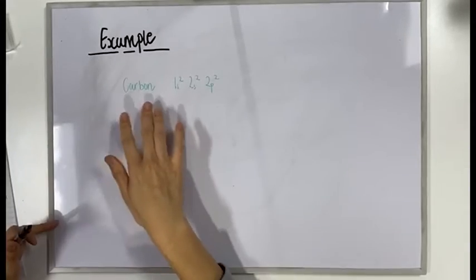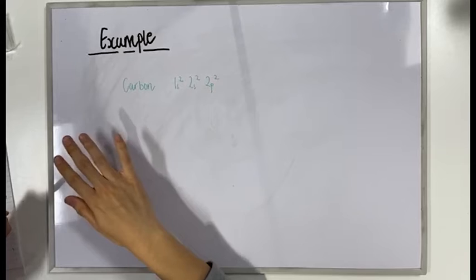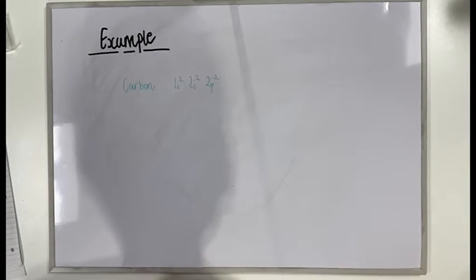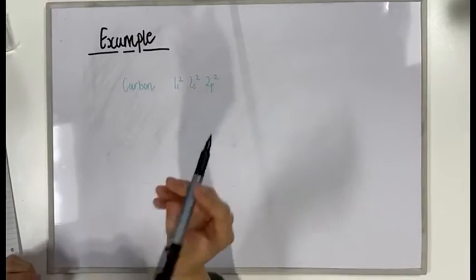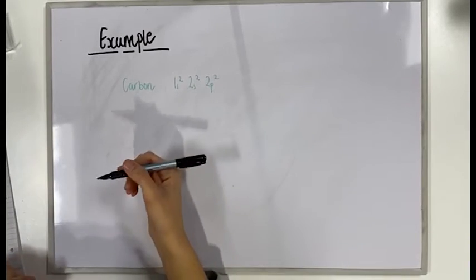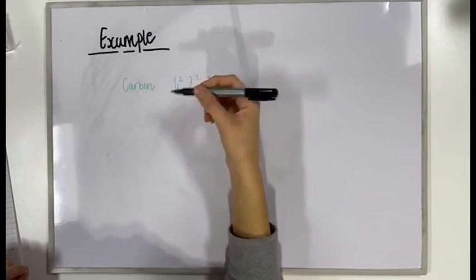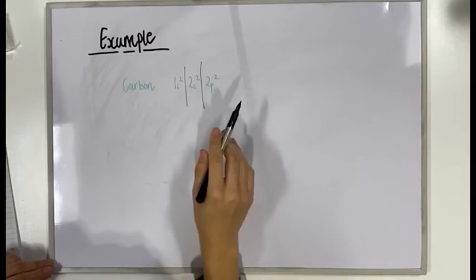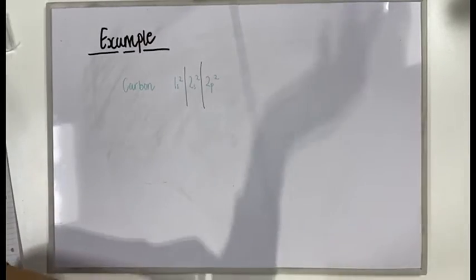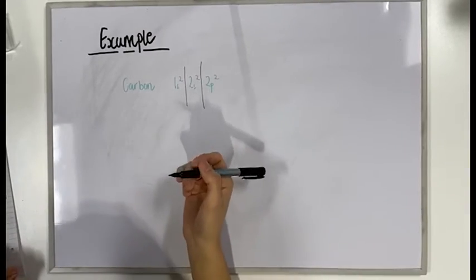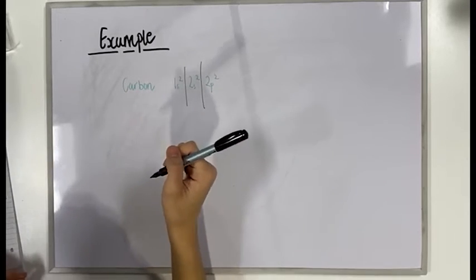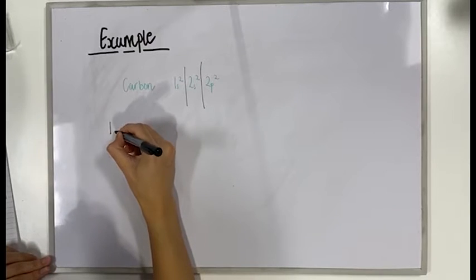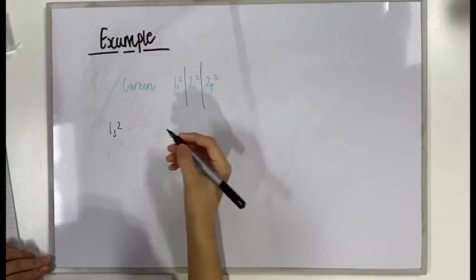This is just carbon neutral, just carbon as an element, and we're going to pull it apart and write down the quantum numbers for each of these, so you can get some clarity about quantum numbers. So we can do 1s2 first.